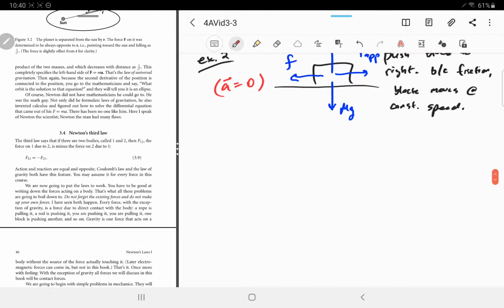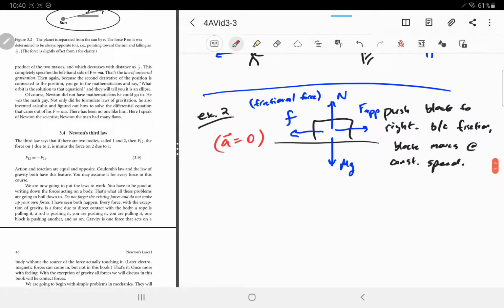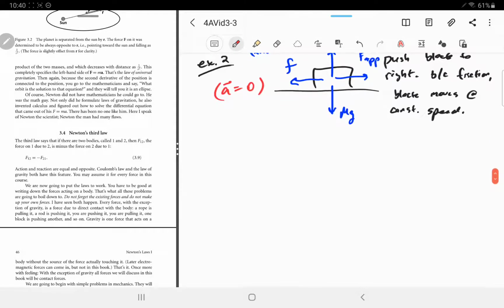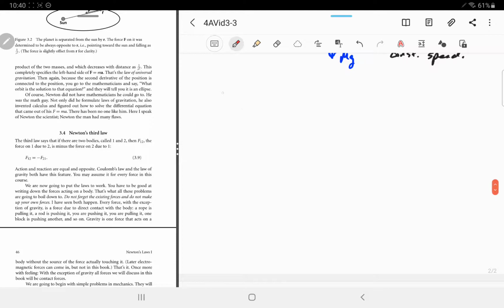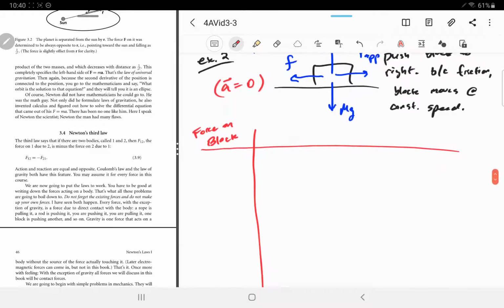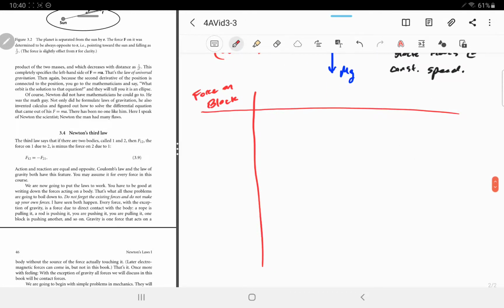Okay, I want to look at all of these 4 forces in the context of Newton's third law. For each of those forces, I'm going to talk about a force on the block. There's 4 of them, which we just described in the free body diagram. I want to be specific about what the other object involved is.